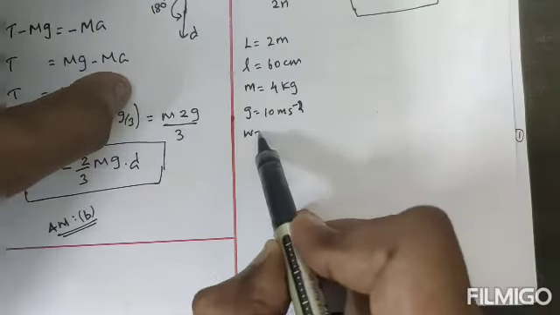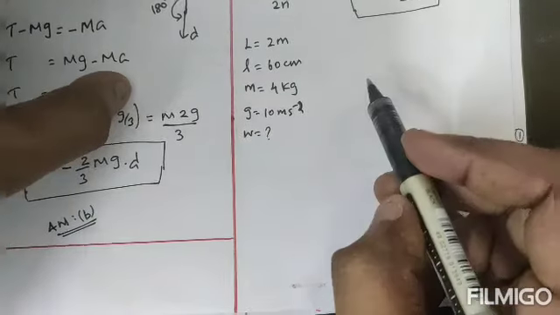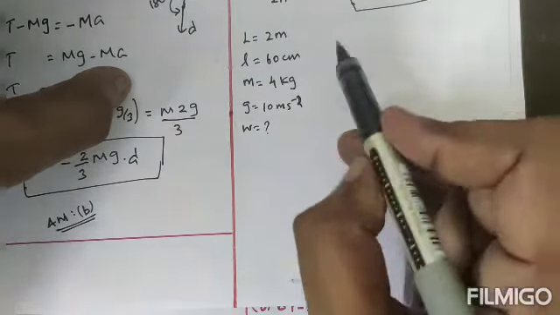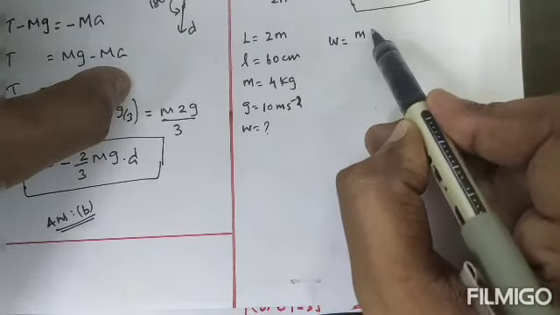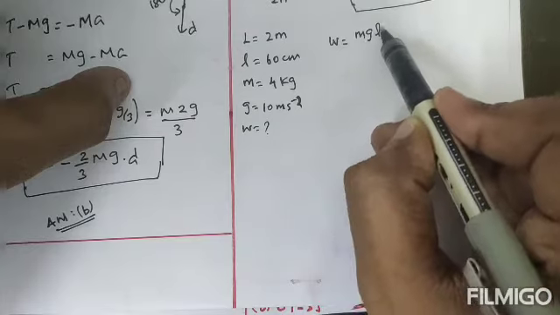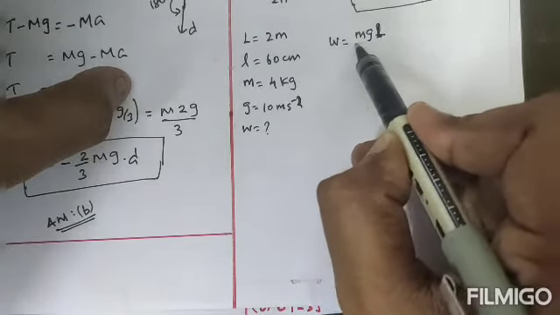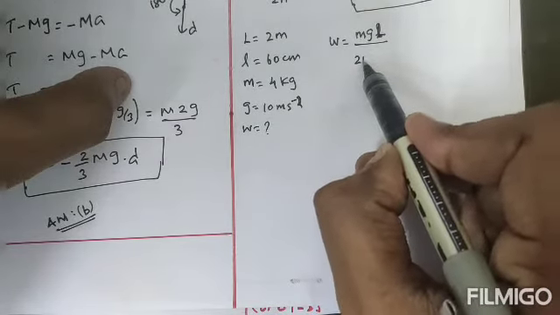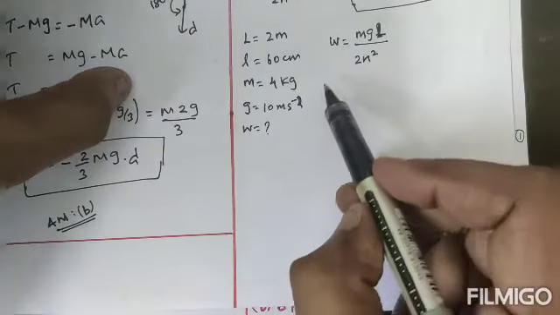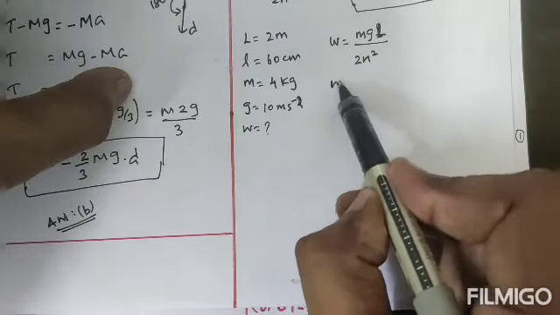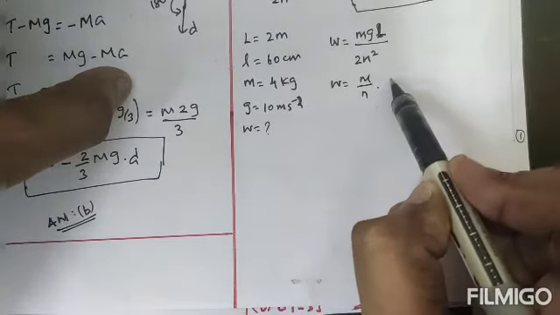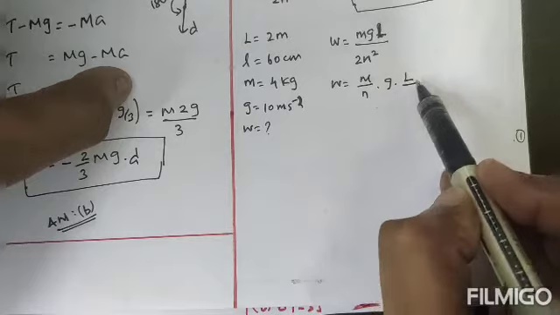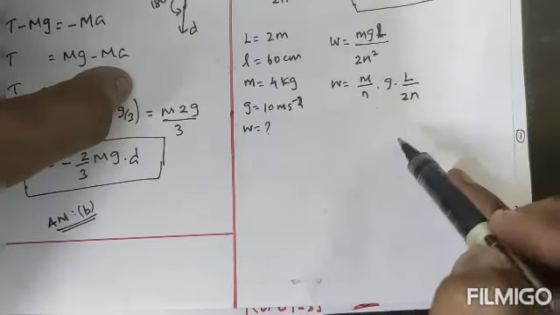Now they are asking for the work done. So we know the formula: work done is equal to mgl divided by 2n square. For understanding purposes, I can write it as m by n into g into l divided by 2n.